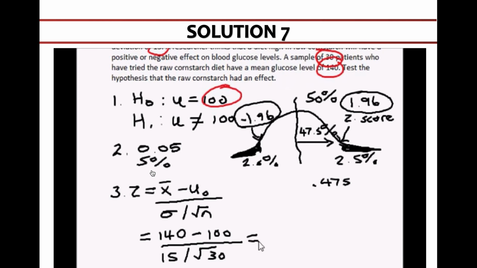And if I figure this out on a calculator, I get 14.6.